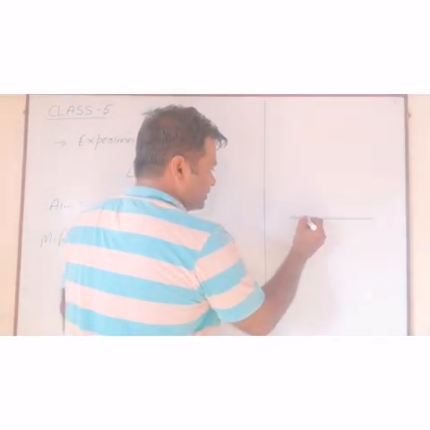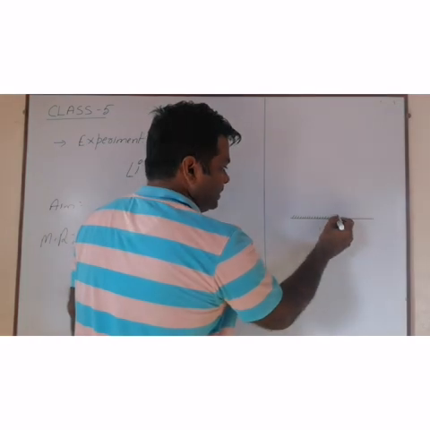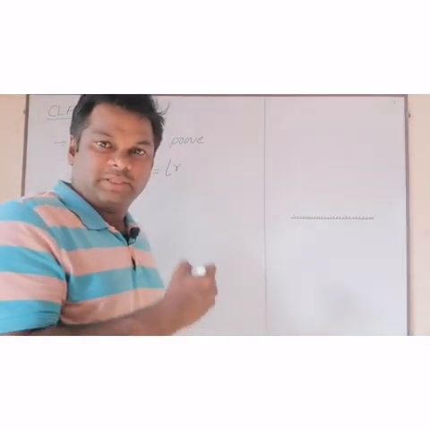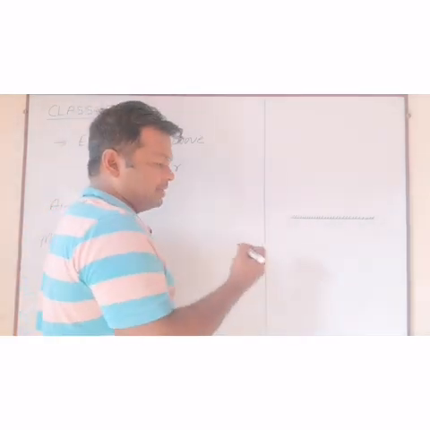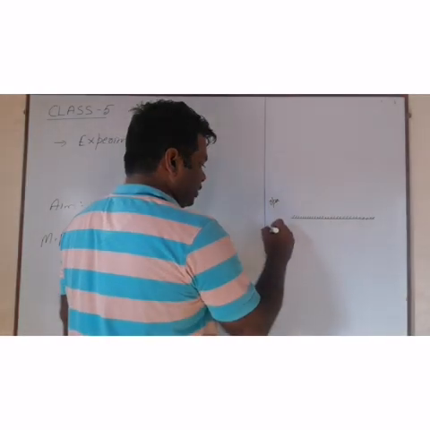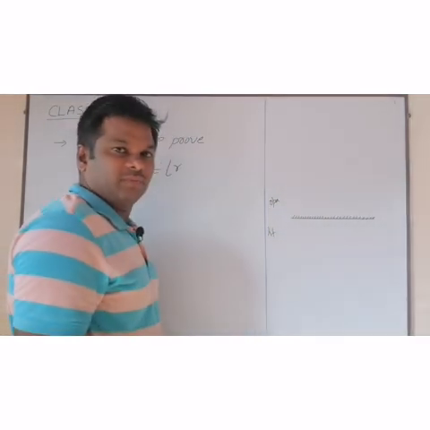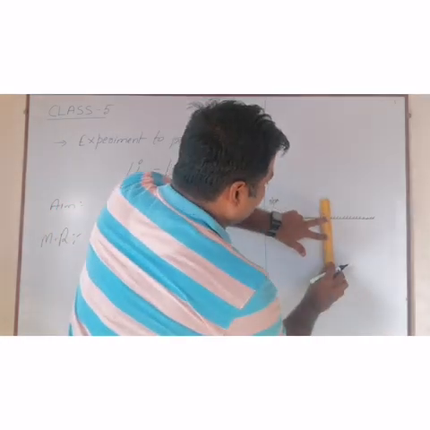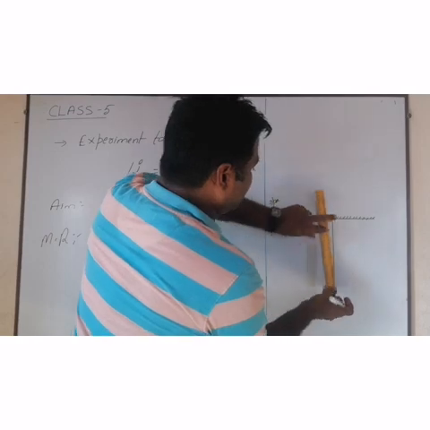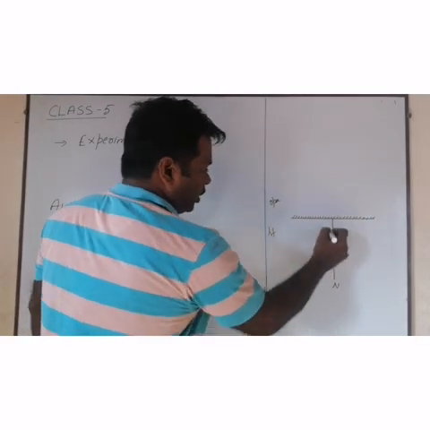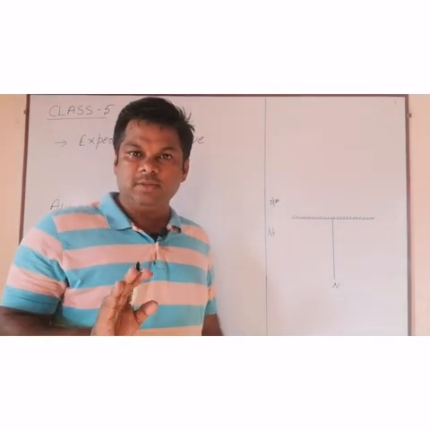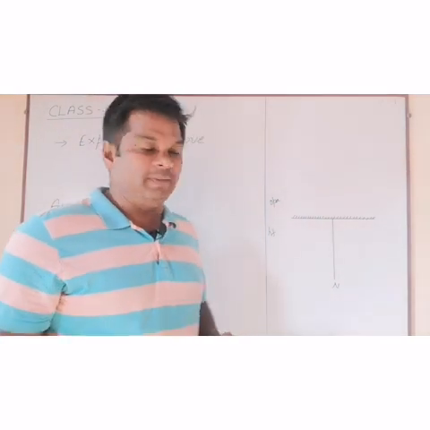If it is painted or coated with silver and another color over the silver, then you can say this is a plane mirror, and the above surface is opaque and the below one is a reflecting surface. And here I am going to draw the normal. This is the normal for the plane mirror. The normal is just a perpendicular line drawn to the plane mirror.